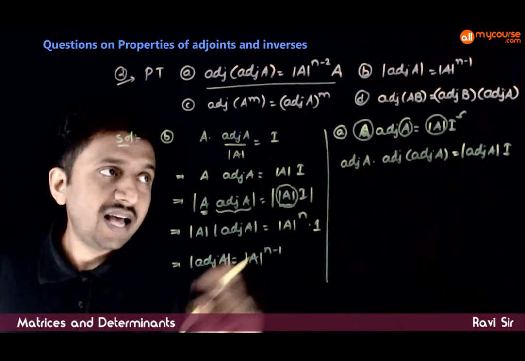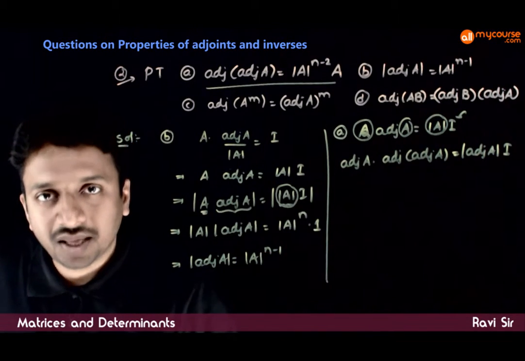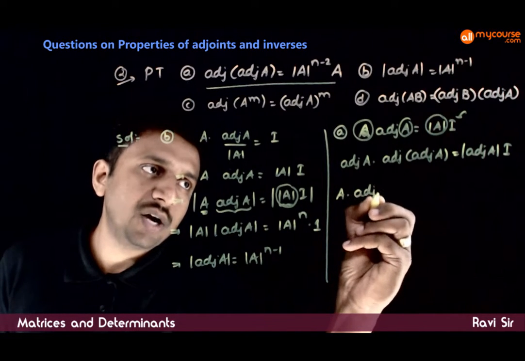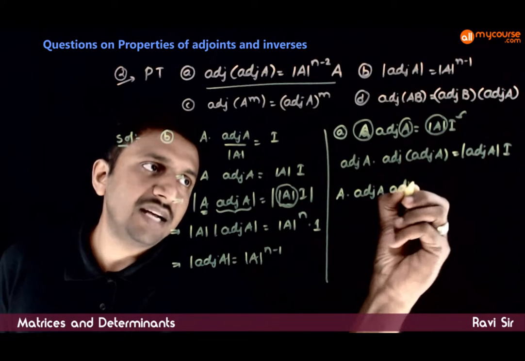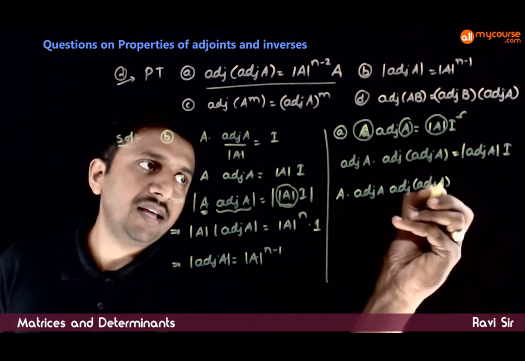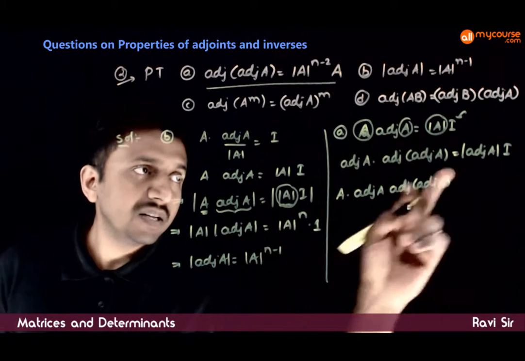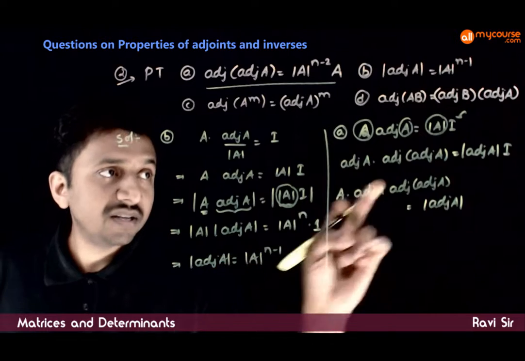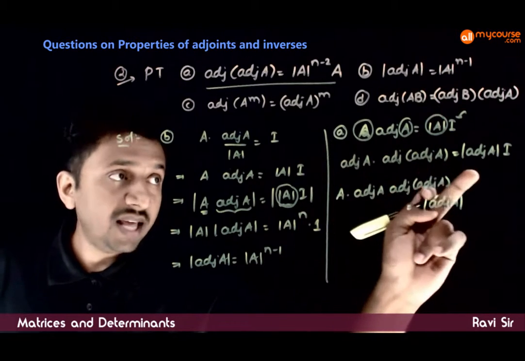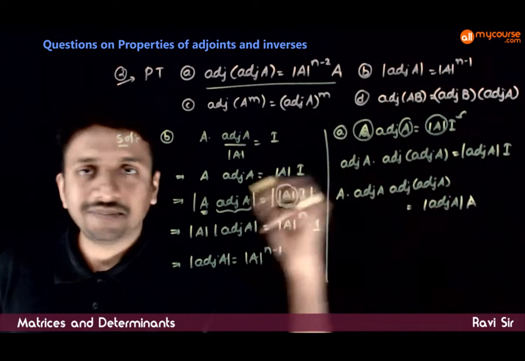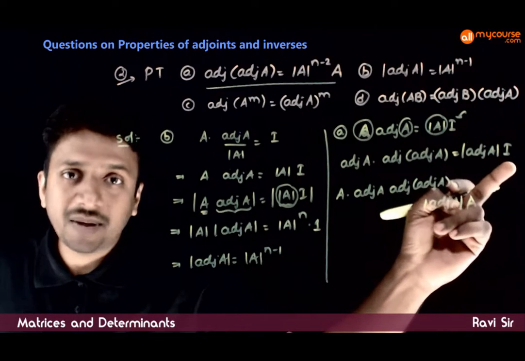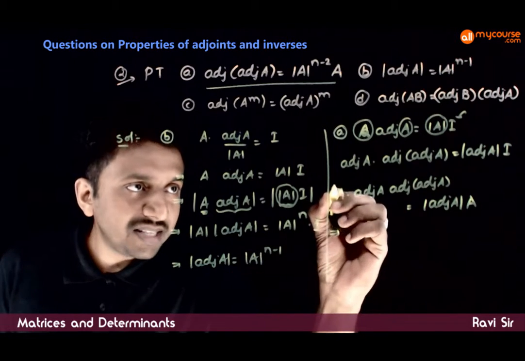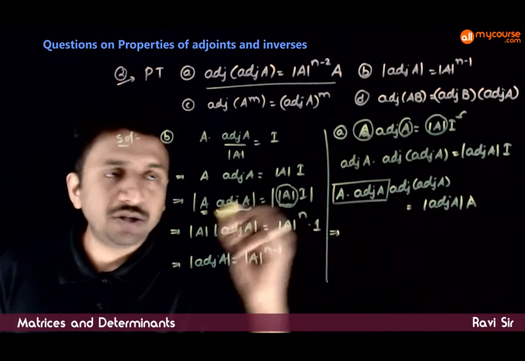Now I'll pre-multiply both sides with A. So A times adjoint of A times adjoint of adjoint A is equal to det of adjoint A times A times I, which is A, because A multiplied by I will give you A itself. So what is A times adjoint A?